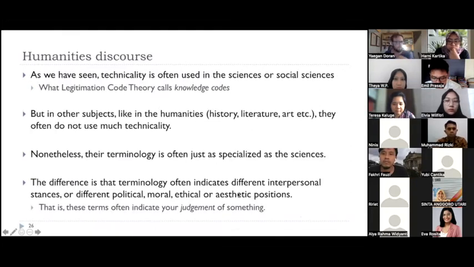Aesthetic positions meaning your judgments of whether something is pretty or not, in terms of art. They often indicate your judgment of something. What that means, though, is because different terms might be used to refer to the same thing, you might not notice that you're using a term that might not be appropriate for a particular situation because it says something you don't mean to say.